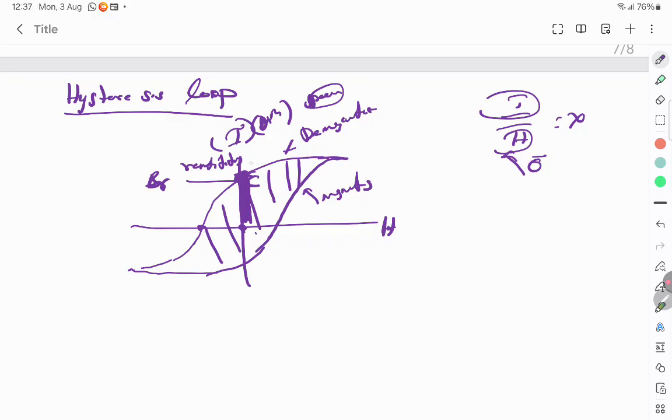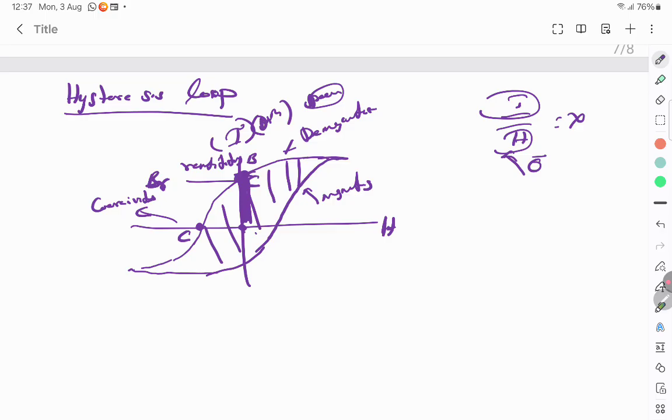And this point, let's call this point B. Let's call this point C, and this point C is called coercivity. At this point you see H is becoming negative, and the specimen's magnetic field is becoming 0.